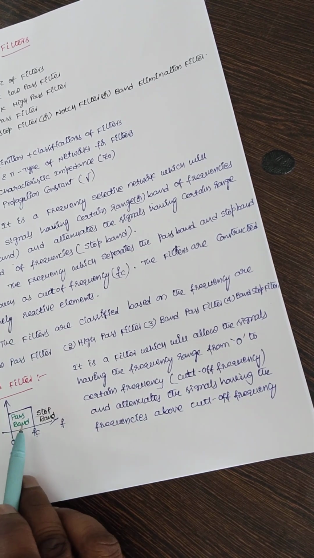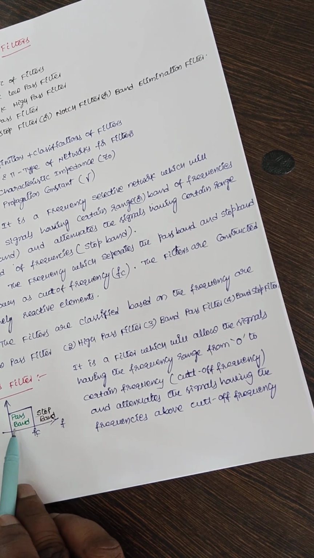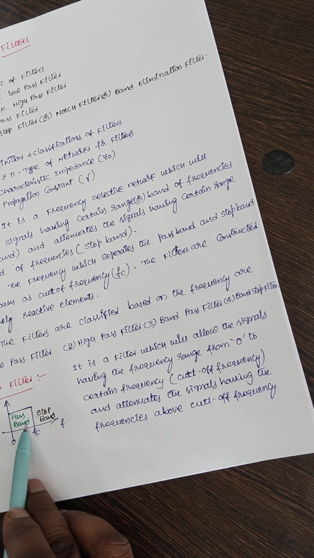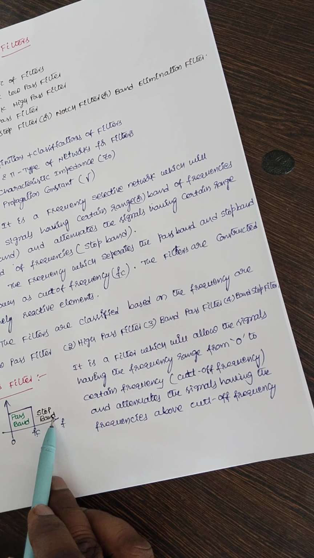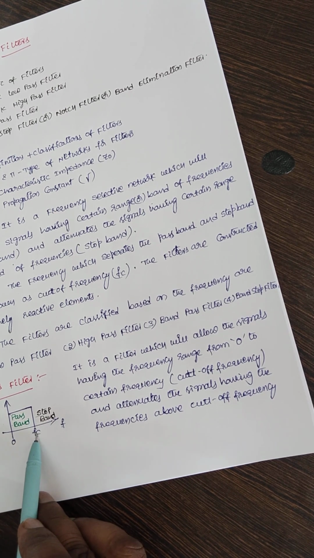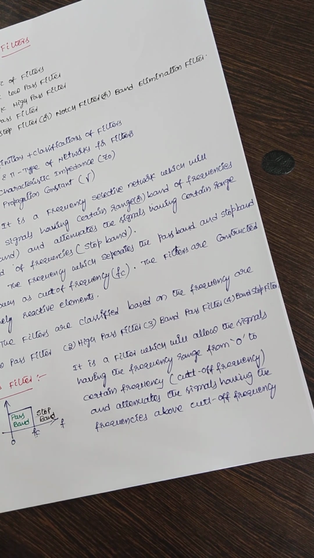So this filter allows this range of frequency only. This range of frequency is nothing but the pass band, this is the stop band, and the frequency which separates the pass band and stop band is the cutoff frequency. So this is about the low pass filter.